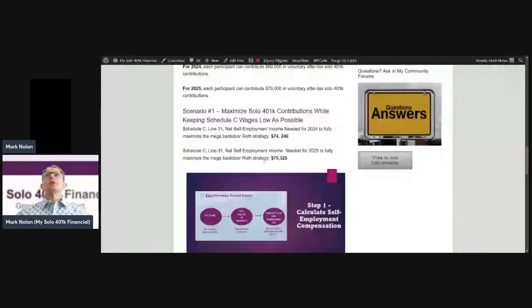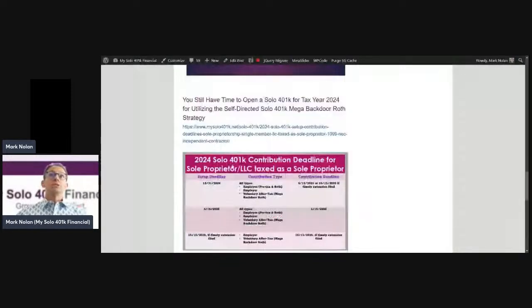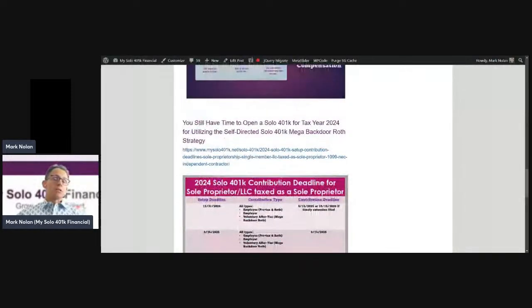So in review, you still have time to make voluntary after-tax solo 401k contributions for tax year 2024.